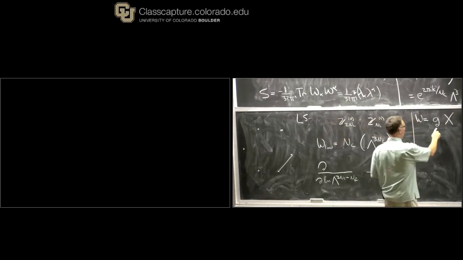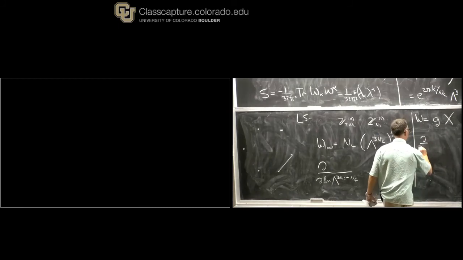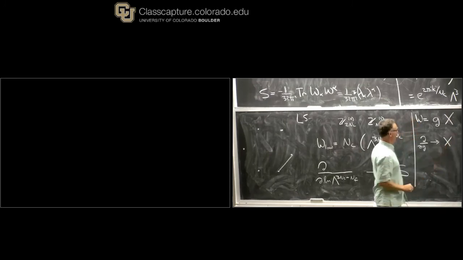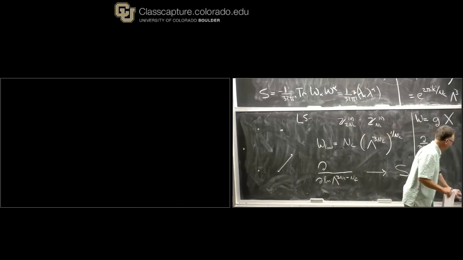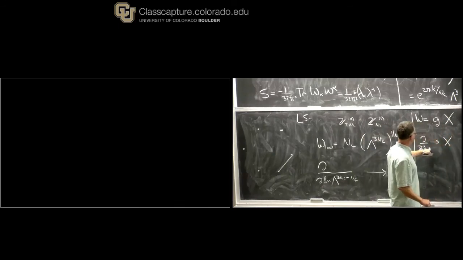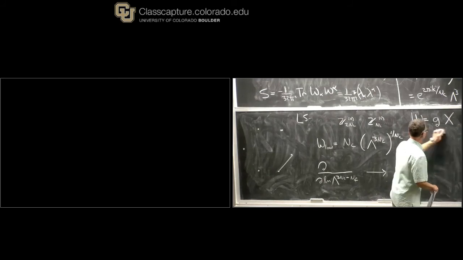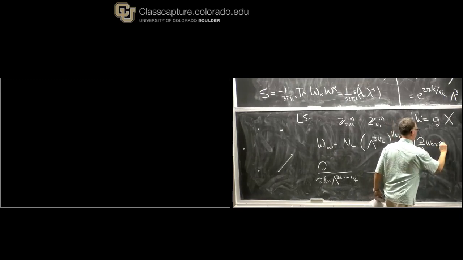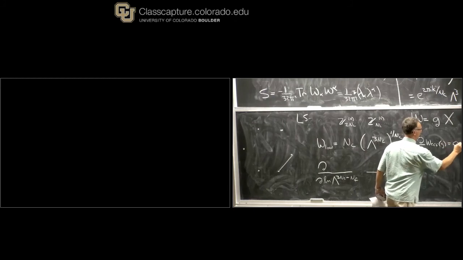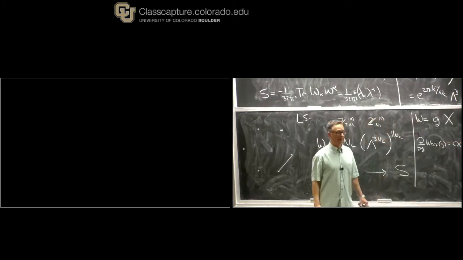And d by dg is going to bring down a factor of this X when I act with it. Maybe I should write it more explicitly. So d by dg of W effective of g is going to give us the X expectation value.